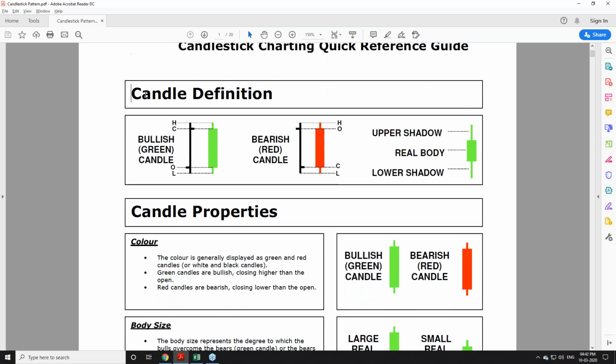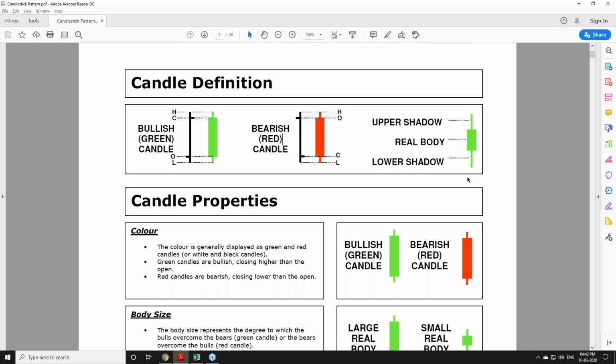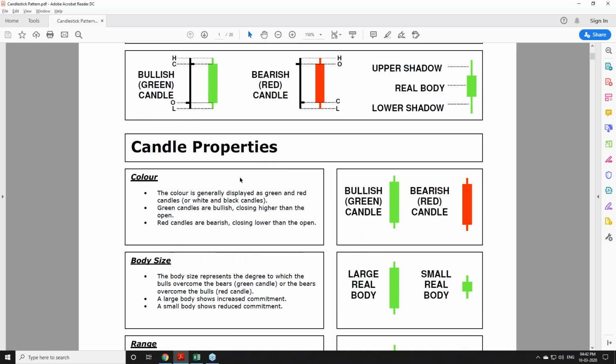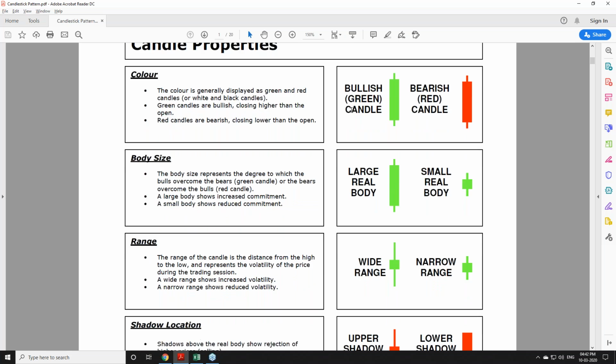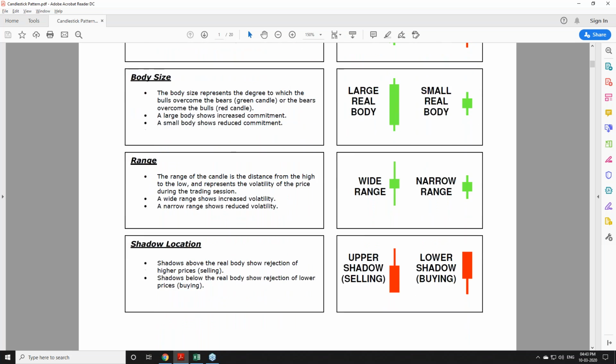So we have seen here the candlestick definition. Green candle is bullish, bullish in the sense uptrend, and bearish in the sense it's a red candle, a downtrend. And upper shadow, real body, lower shadow. Next, candlestick properties, body size.